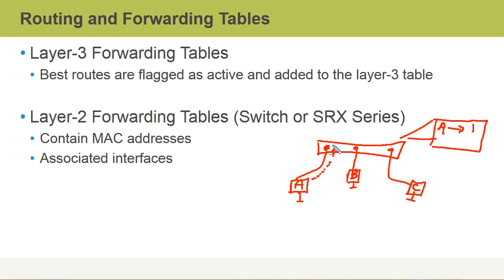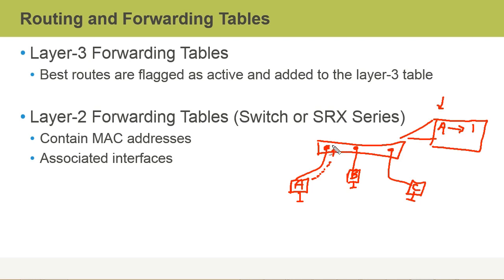And then that traffic goes and reaches the destination. Now, how it reaches the destination is, let's say computer A is going to send data to computer B. So the data comes up, hits the device, looks at the source MAC address, and at that point records the source MAC address in the forwarding table. So as we mentioned, it records the fact that computer A is sitting in port number 1.